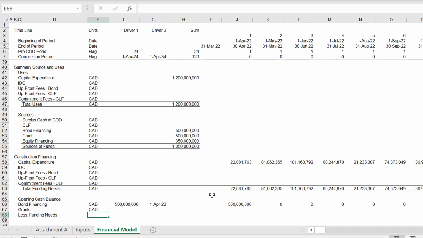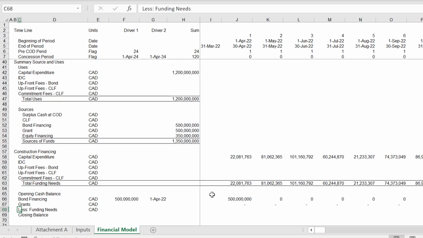Okay, something like this, and then we'll get our closing balance. So let's just do this. Now the opening balance is going to equal the prior year closing balance, and I haven't done this, I think, for something like 20 years.